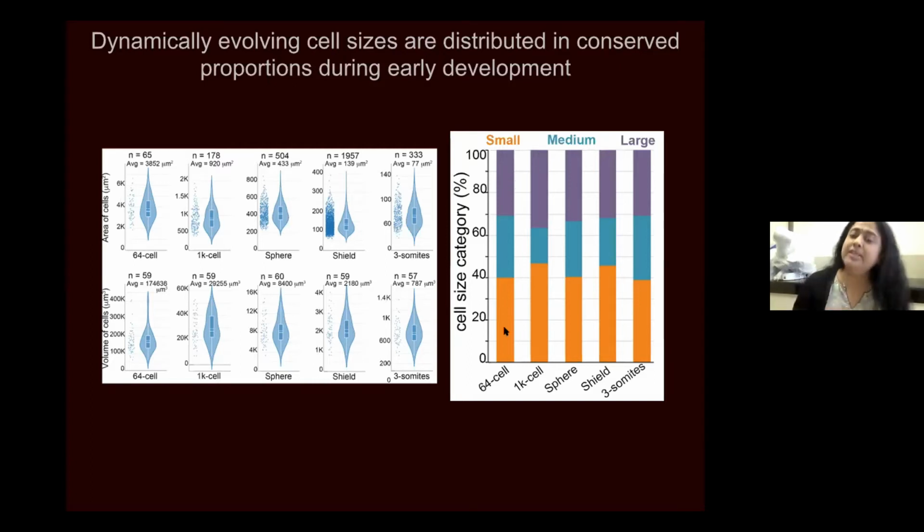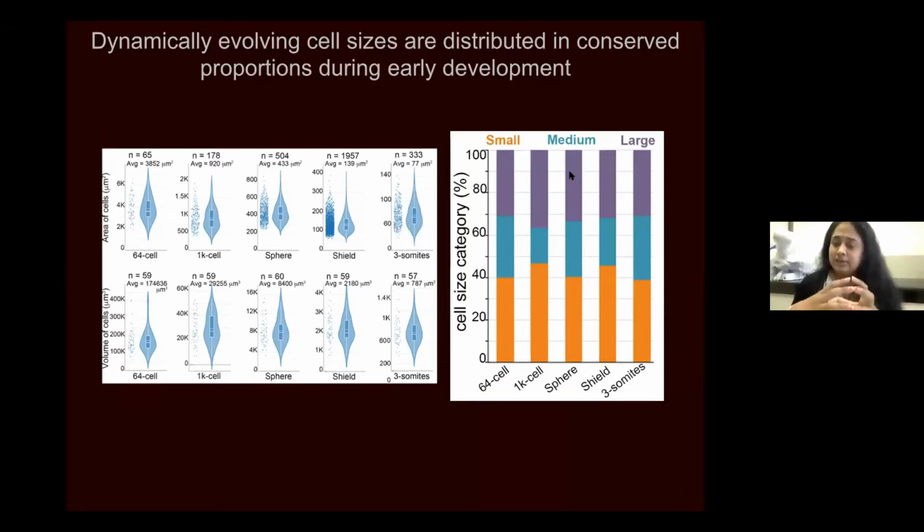What I hope you can see is that, yes, the absolute sizes and volumes change, but the proportions of cells in each of these categories are comparable across developmental stages. So that means that even if an embryo has 64 cells or 1000 cells or 3000 cells based on the developmental time points, in that collective, it has about 40% small cells, about 20% medium-sized cells, and about another 30 or 35% large-sized cells.